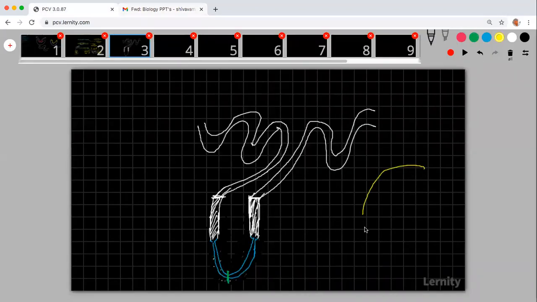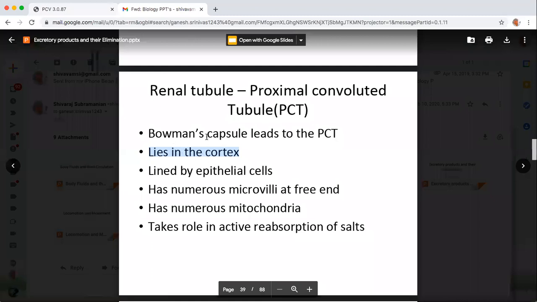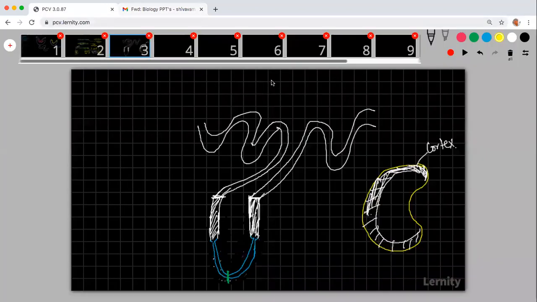You have your kidney. In your kidney you have this region. What is the shaded region called? It is the cortex region. So in the cortex region, your renal tubule, the proximal convoluted tubule, will be there.